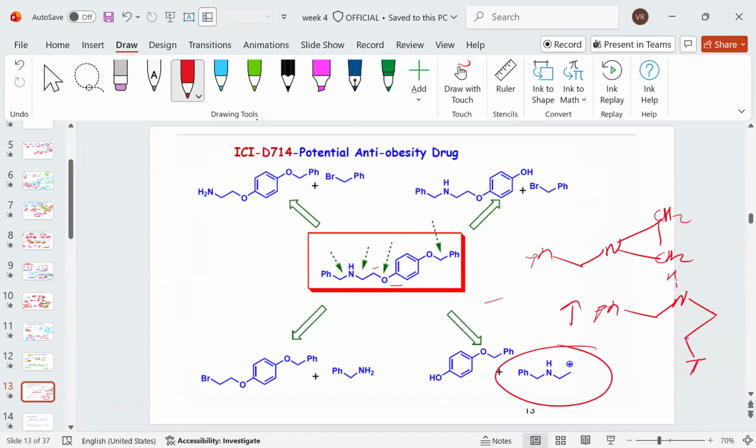This can be either iodine or bromine, which is basically a good leaving group. So from this, there are two possible synthetic equivalents for this species. So all the disconnections are logically correct.